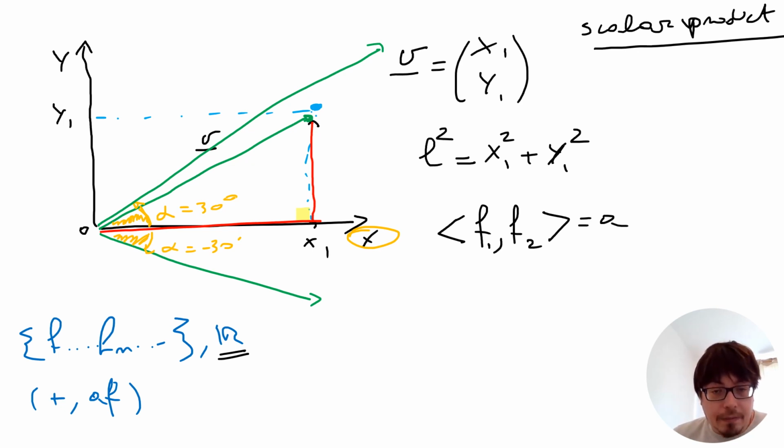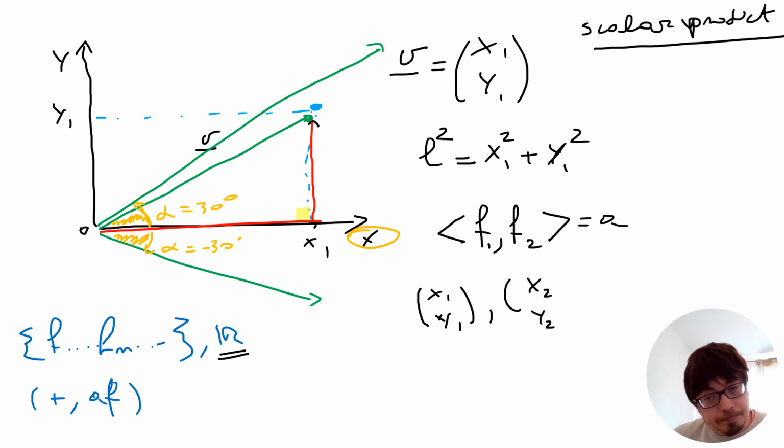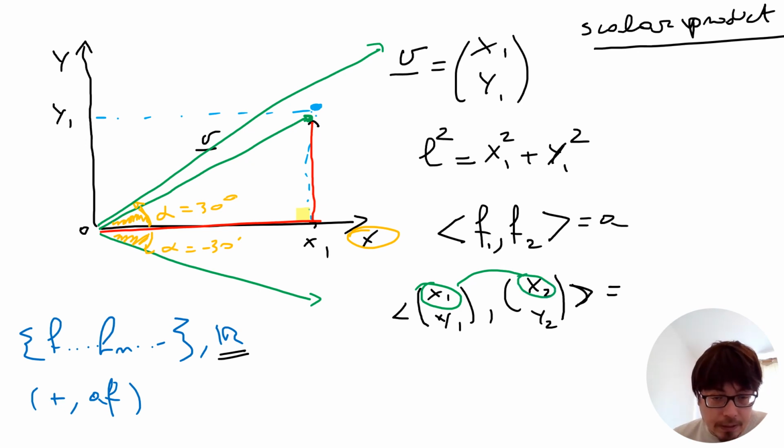So what's the definition? You go component by component. You have x1 and y1, and then you have x2, y2, and you place them in these magical brackets. What you do is literally take the first component and multiply it by the second component.